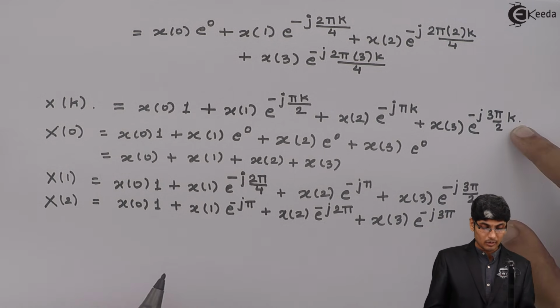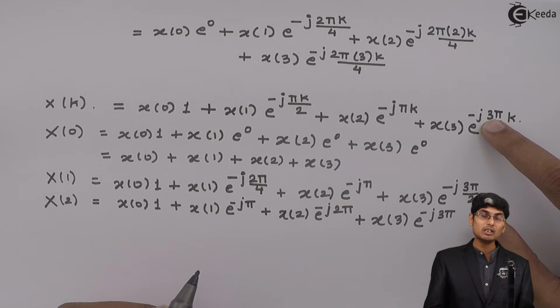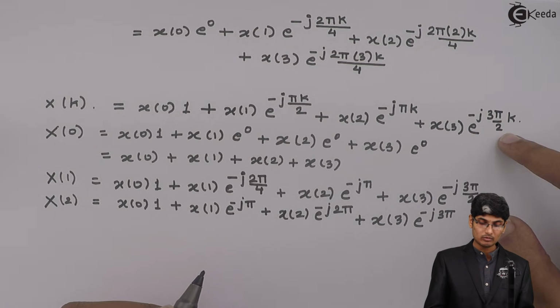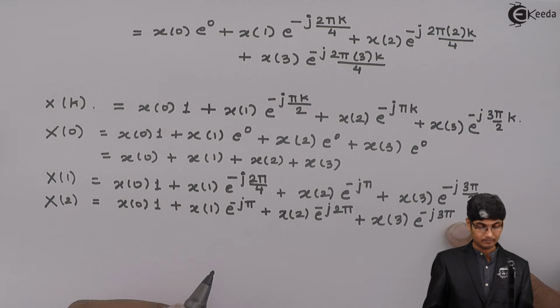Again I repeat, when I put k equal to 2 over here, 2 into 3 gives me 6, 6 by 2 gives me 3 back, so it is 3 pi.